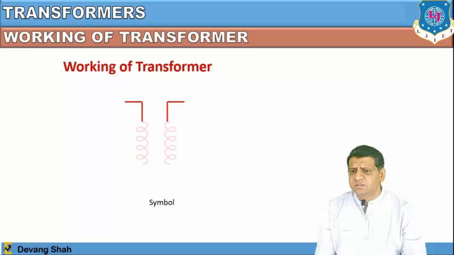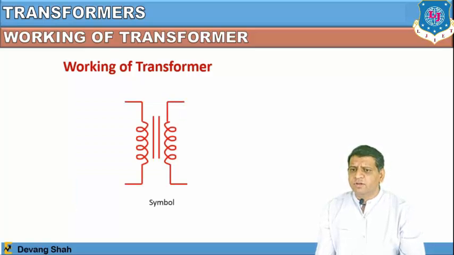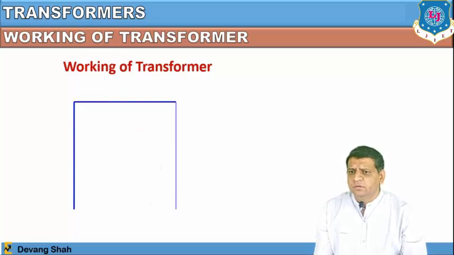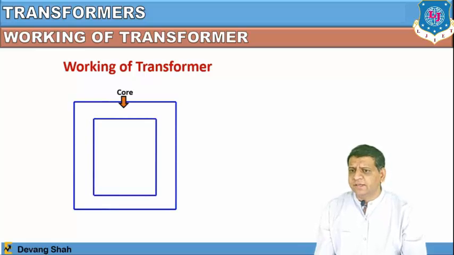Now let's check the symbol of this transformer. You can see this is the symbol of a transformer, where at one end you have a primary winding and at the other end you have a secondary winding, and in between there are two parallel lines which you consider as the core, right? Now here, this is a core, and it is a rectangular shape.